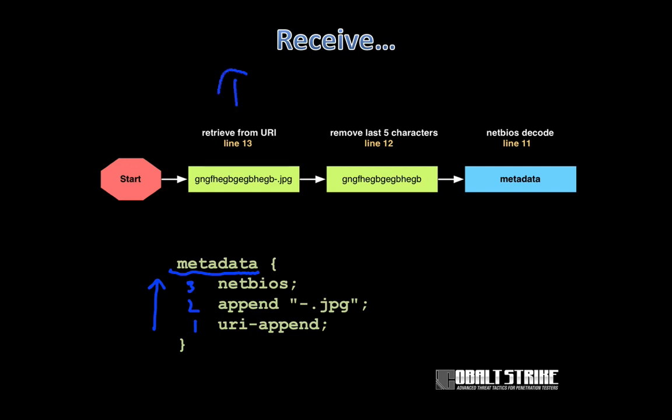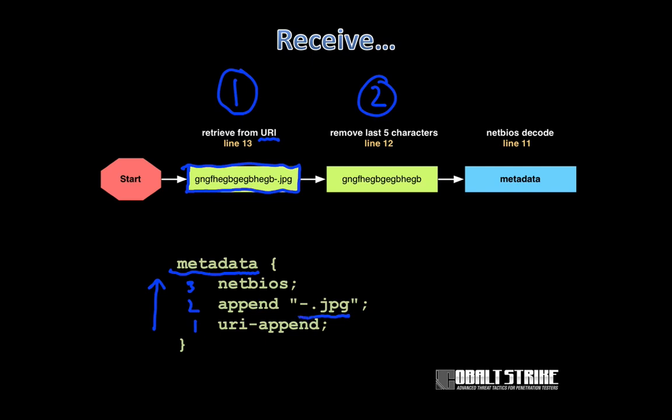First, step 1 is to retrieve our encoded blob from where it's stored in the transaction. In this case, that's in the URI. So we strip this thing off of the URI, and so we've got that. Next, we go on to step 2, which is to append dash.jpg.